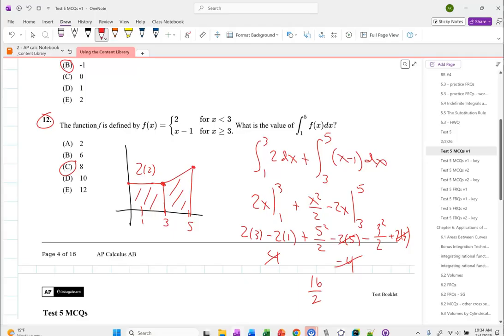What's the area formula for a trapezoid? 1/2 B1 plus B2 times height, the average of the two bases. So these guys are my bases. So 2 plus 4, and my height is 2 there. So that is going to be 6.